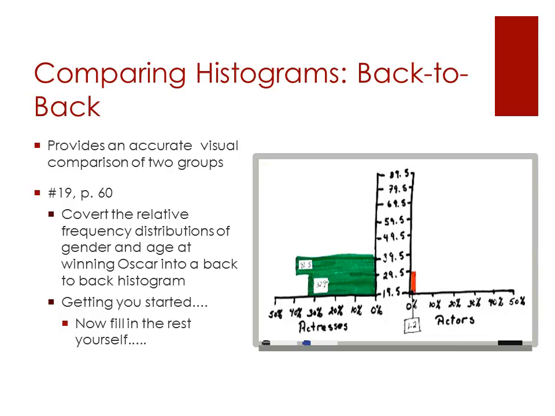And lastly, over on the right, you can see where I started working with the data for the actors. Here I'm using the color orange, and I filled in the space for 1.2%. So, pause this, go through, finish filling in your back-to-back histogram yourself, and then when you've got that ready, move on to the next slide and we'll compare them.